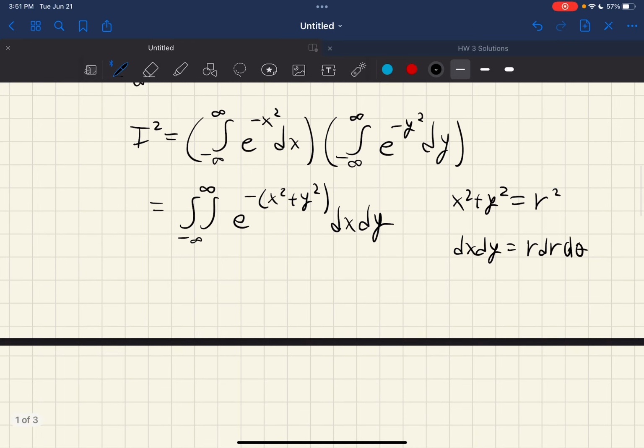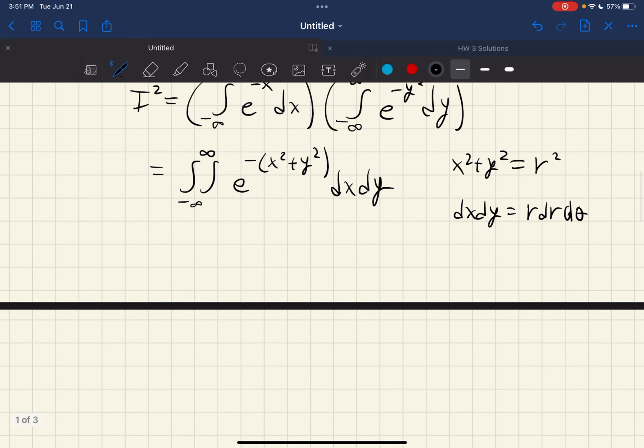And for this integral, we're integrating over all space, so we will need to change the limits of integration to reflect now being in polar coordinates. Theta over all space goes from 0 to 2 pi, and r goes from 0 to infinity. So this just becomes that integral of e to the minus r squared r dr d theta.